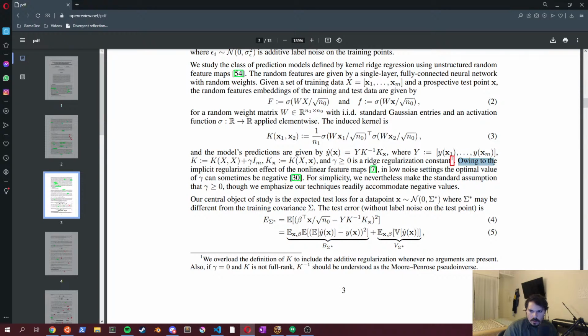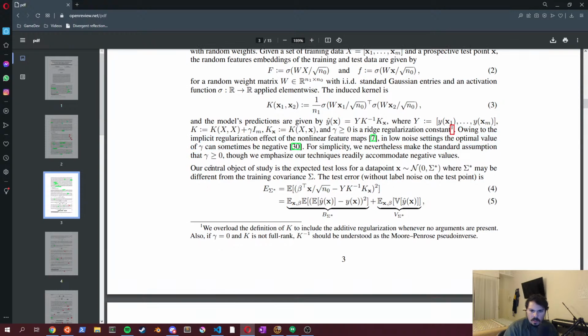But okay, so owing to the implicit regularization effect of nonlinear feature maps in low noise settings, the optimal value of gamma can sometimes be negative. For simplicity, we nevertheless make the standard assumption that gamma is greater than 0, and we emphasize our techniques readily accommodate negative values. Our central object of study is the expected loss for a data point x, which is taken from a normal distribution with mean 0 and variance sigma star, where sigma star may be different from the training covariance, which was just sigma.